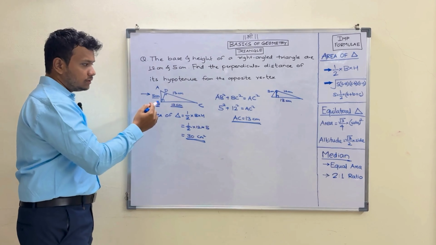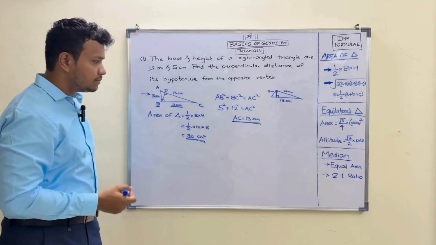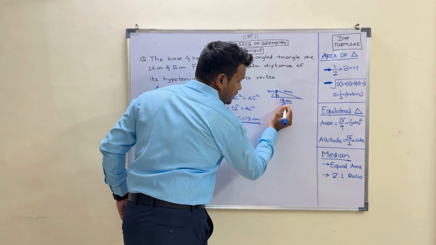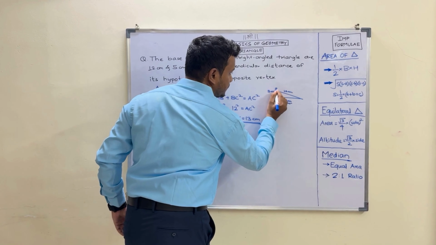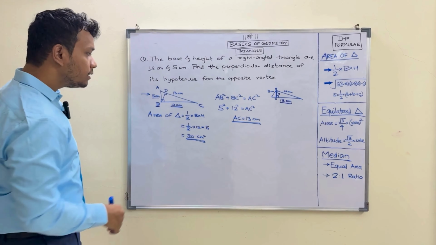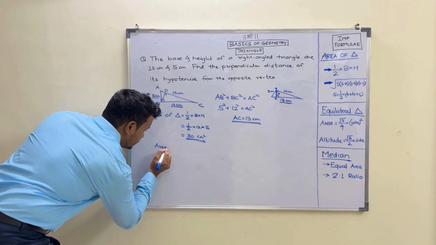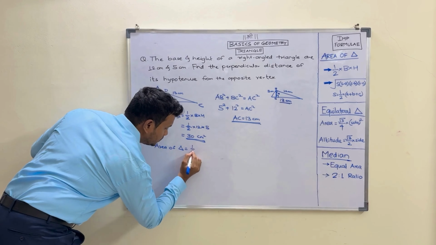As we know, it is the same triangle, so the area of this triangle should be the same. I know the area, and I can consider this as my base and this specific length BD as my height, correct? So we'll compute the area of this triangle again. The area should be 1 by 2.